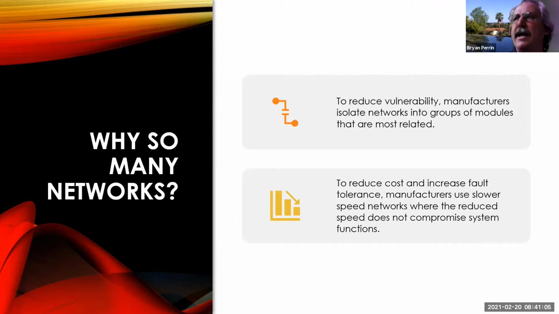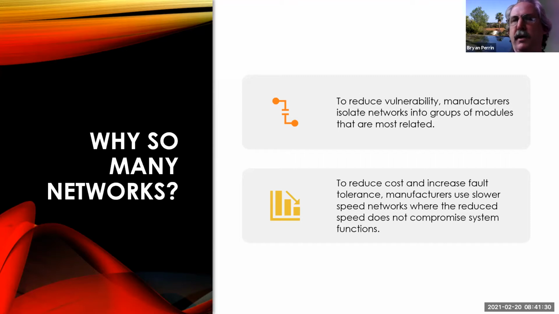So ADAS has a pretty fast network. Your infotainment system has the fastest network because of large video files and things like that. Powertrain management's probably third in line. And then we get into slower systems: windows, radio, climate control, right?